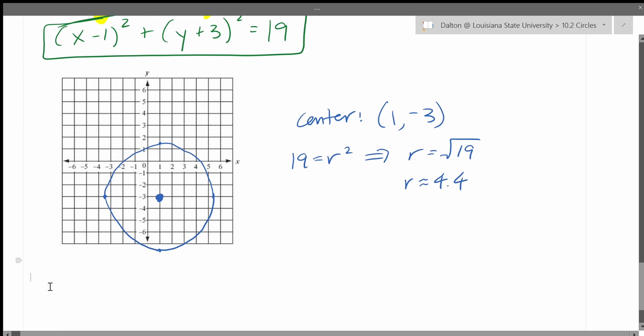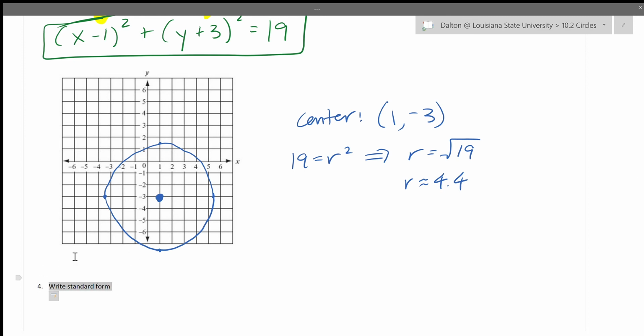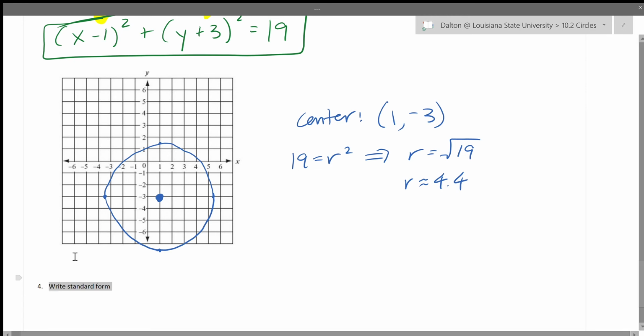Okay, another type of question you may see will sound like this. Write this standard form, and you could abbreviate standard form to SF and general form to GF, however you want to do it.